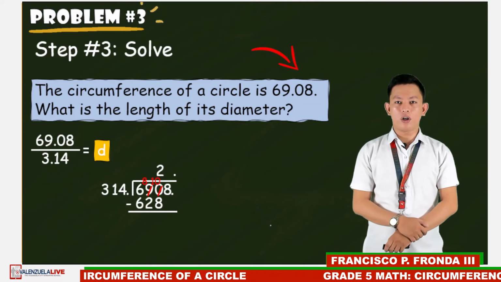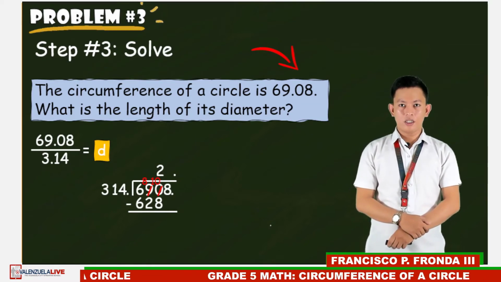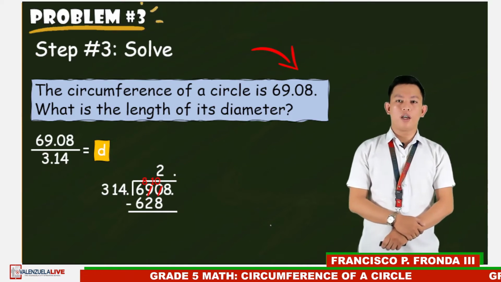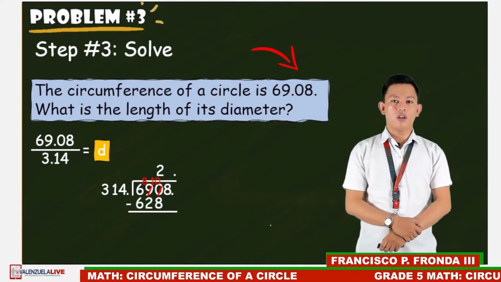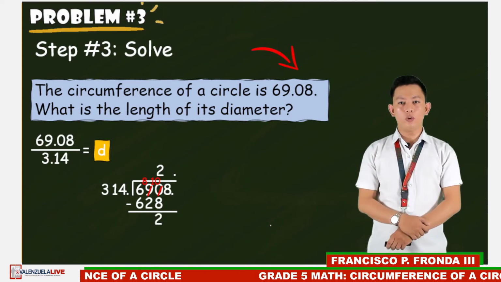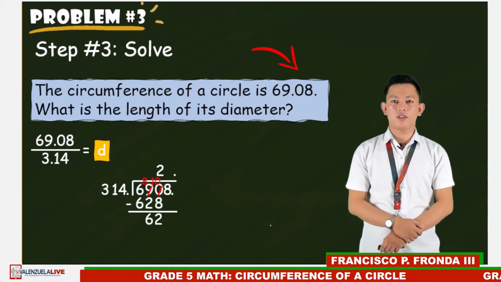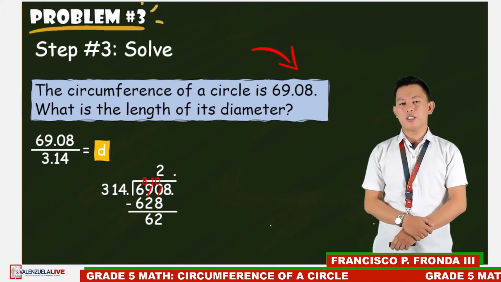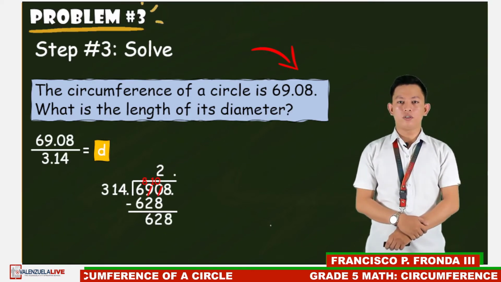So, let's borrow. 0 minus 8, the answer is, cannot be. So, we're going to borrow 1 from 9. 9 becomes 8 and 0 becomes 10. 10 minus 8, the answer is 2. And 8 minus 2, the answer is 6. And 6 minus 6, the answer is 0. Okay? Now, bring down 8.